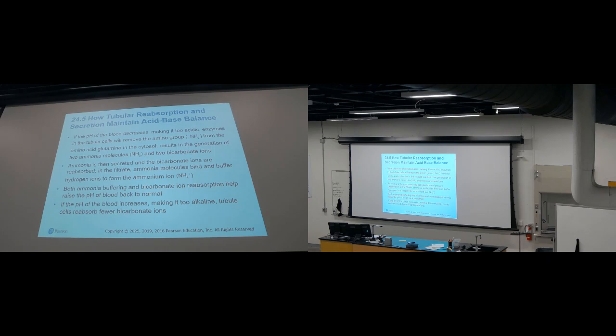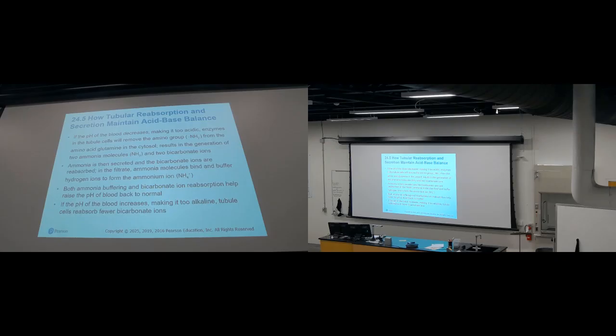That helps with the generation of ammonia molecules and two bicarbonate ions, and ammonia will be secreted and the bicarbonate ions will be reabsorbed. At the same time, you will have hydrogen ions being excreted and also combined with ammonia, and then the person will have the pH back to normal.